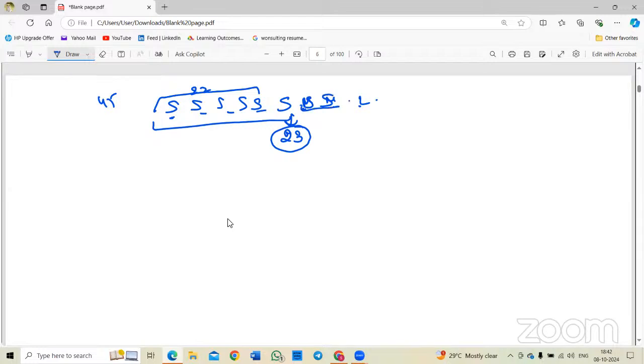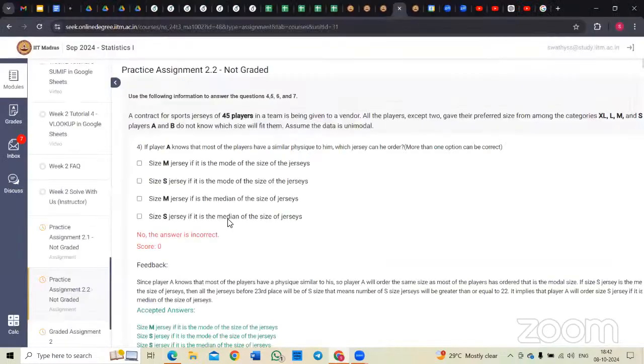Ma'am, only 43 students have given the data, not all 45 students. Total is 45. 2 students have not given the data. That is what we are trying to calculate now.